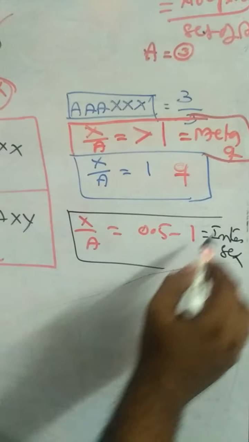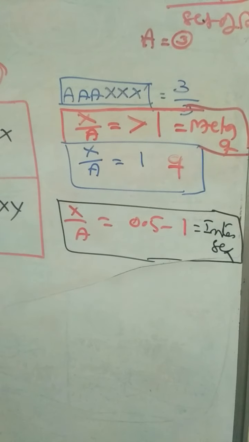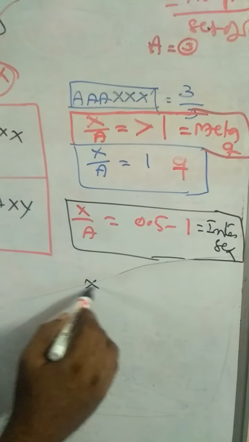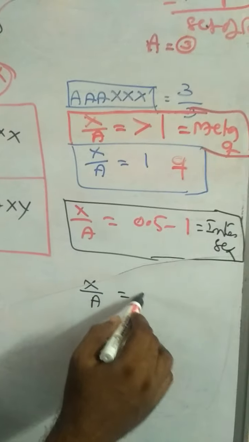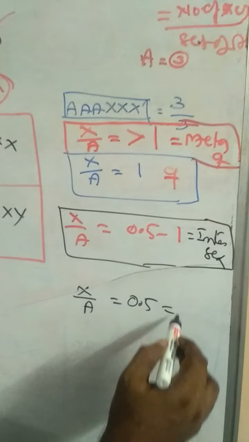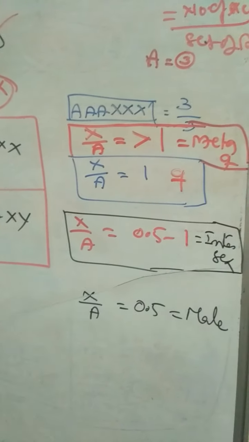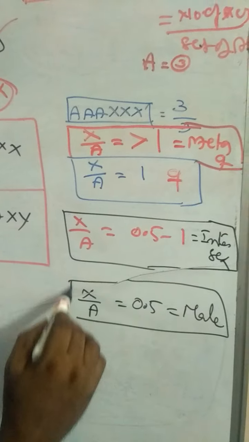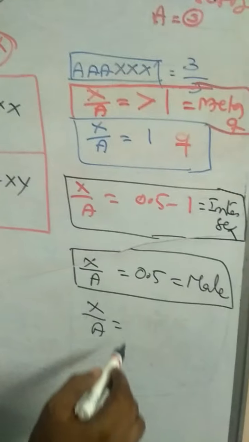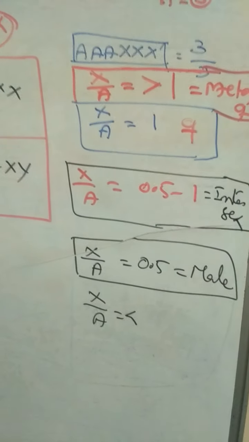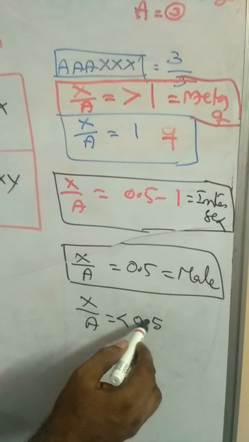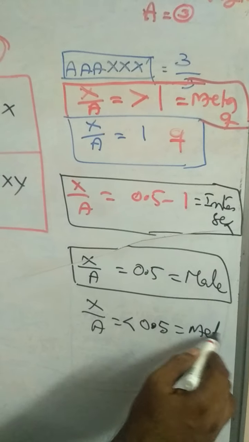And the last ones: if the X by A ratio is equal to 0.5, this is male. If the X by A ratio is less than 0.5, that is meta-male.